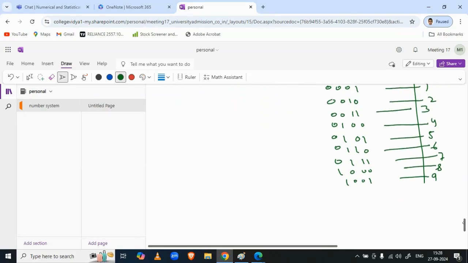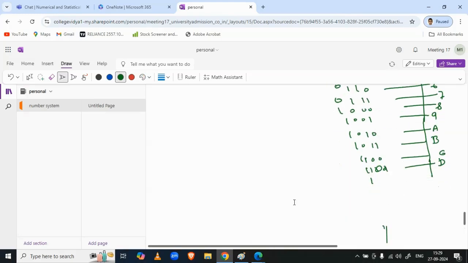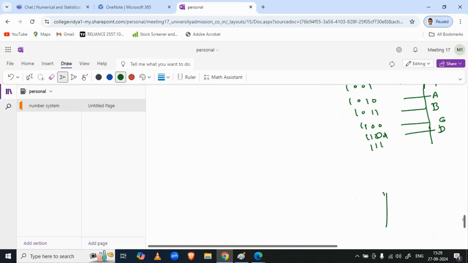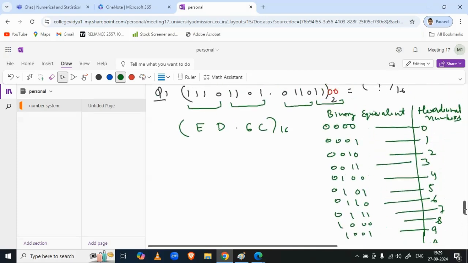Hexadecimal numbers are 0 to 9 and A to F. 1010 is A, 1011 is B, 1100 is C, 1101 is D, 1110 is E, and 1111 is F. So this is the table of hexadecimal and its binary equivalent.